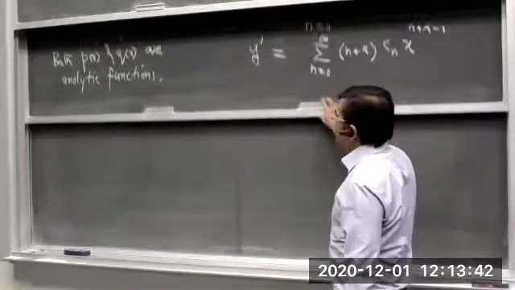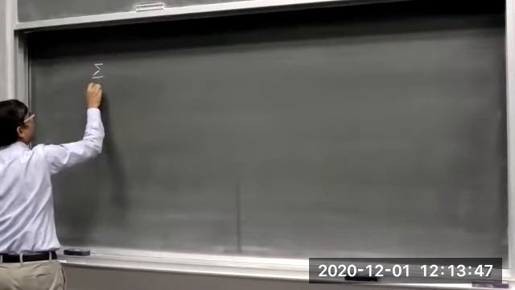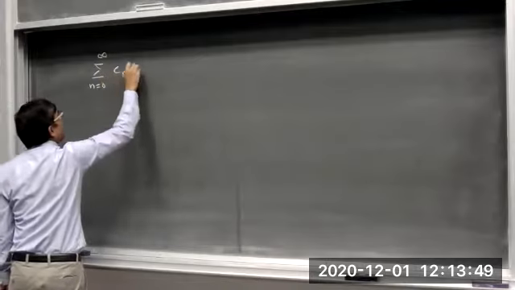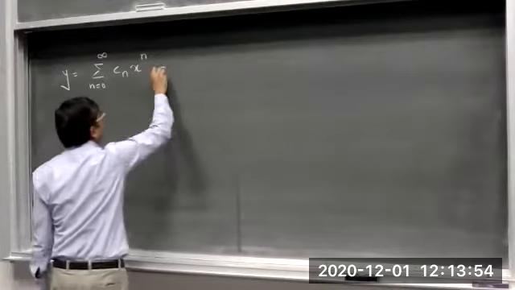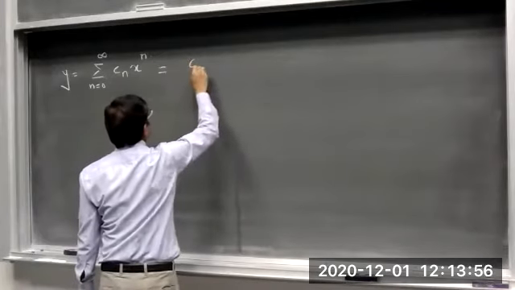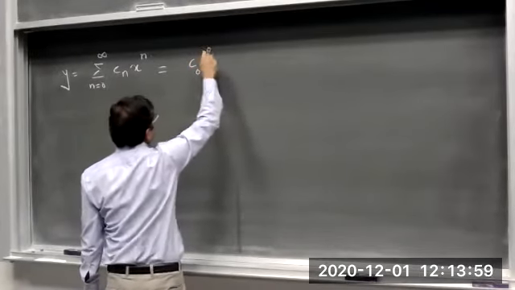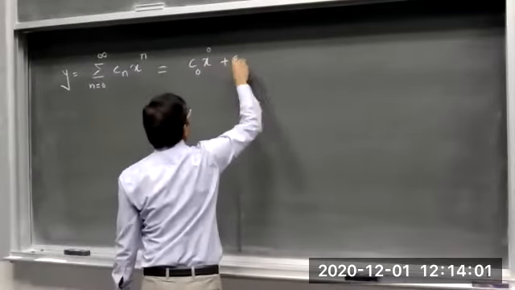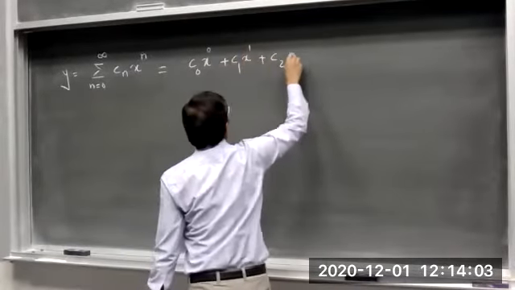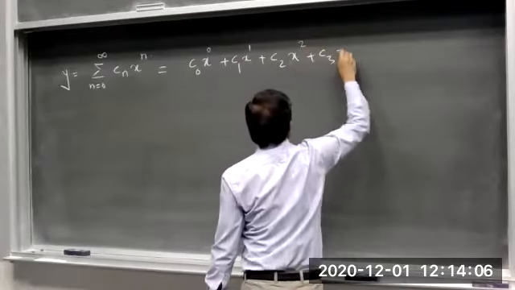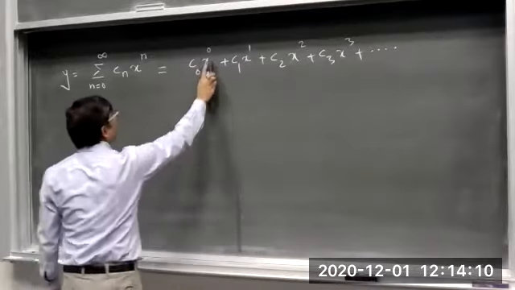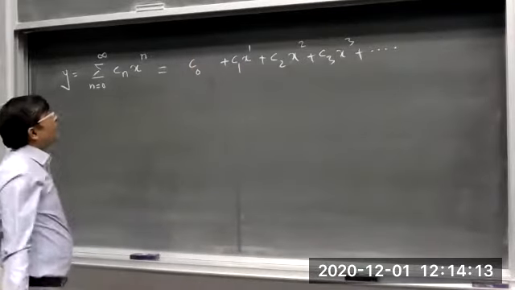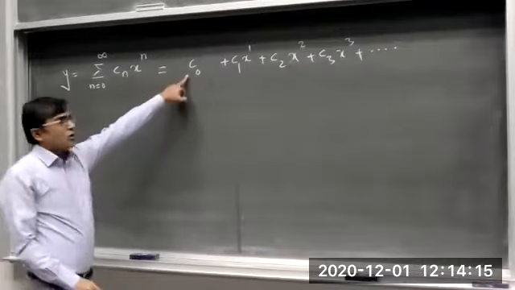Look, previously what was our series? The series was n from 0 to infinity, cn x power n. If we open this series, we obtain c naught x power 0, which is 1, plus c1 x power 1 plus c2 x power 2 plus c3 x power 3, and so on. The first term in this series is a constant.